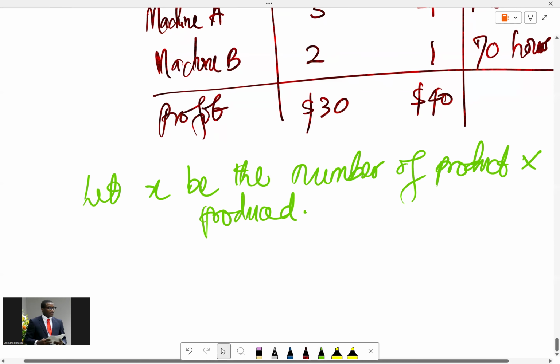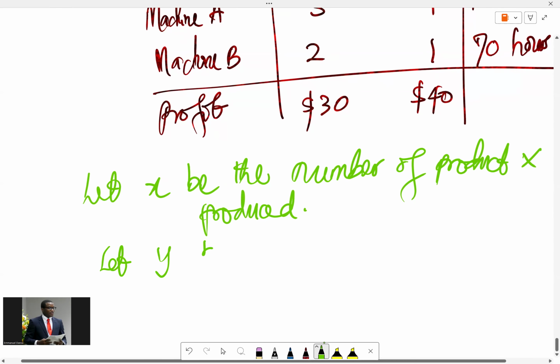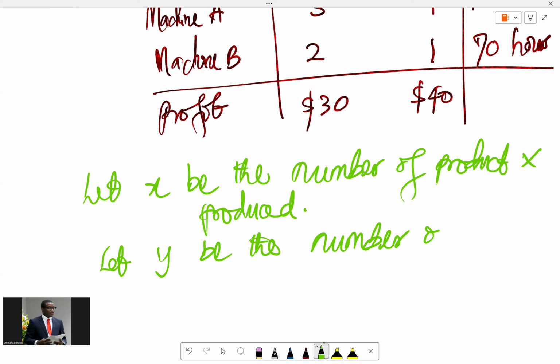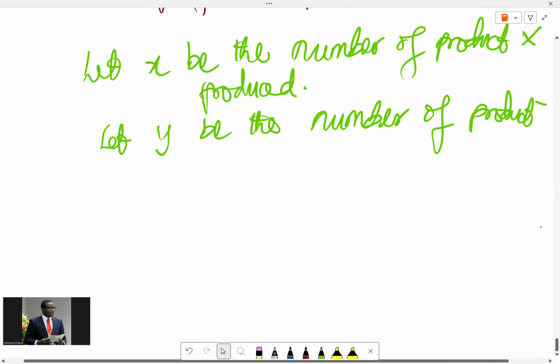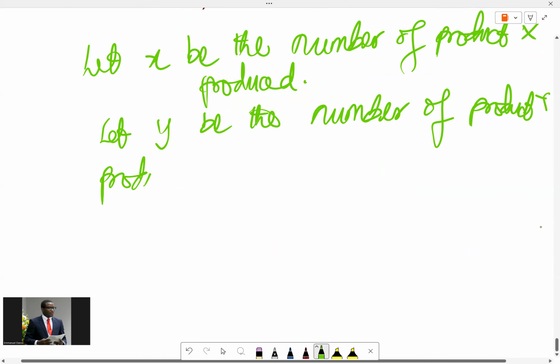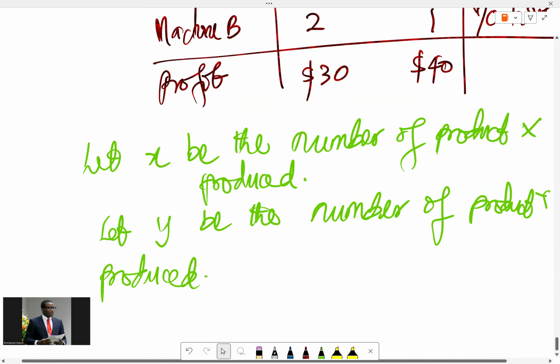And then let Y be the number of products Y produced.